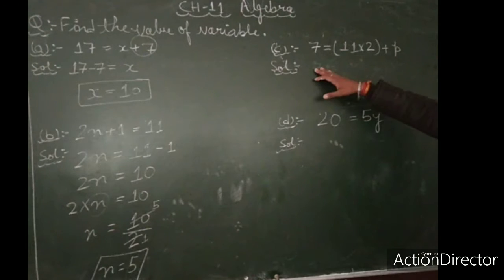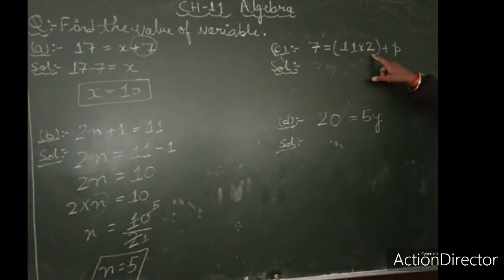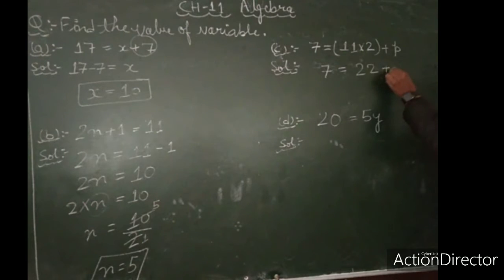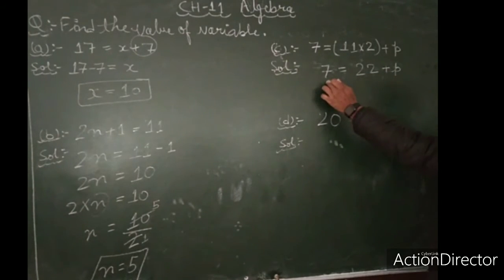Now the part C, 7 equal to bracket 11 multiply by 2 bracket close plus p. So here we find the value of p. We write 7 as it is, and now we multiply 11 and 2, and we get 22, so 7 equal to 22 plus p. Now we change the place of 22 from right hand side to left hand side.